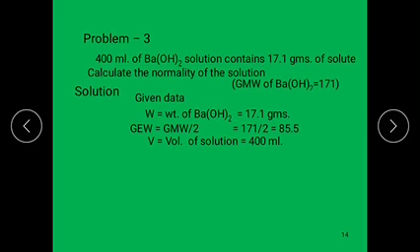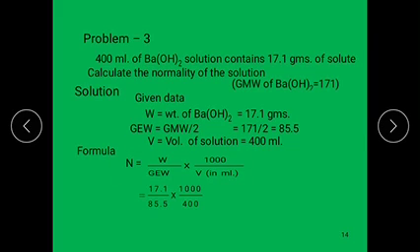V is the volume of the solution, which equals 400 ml. Okay, the formula we have to use in this case is the same as above, that is W by GEW into 1000 by V in milliliters, equal to 17.1 divided by 85.5 into 1000 by 400 ml.